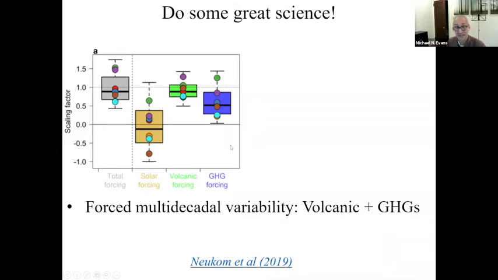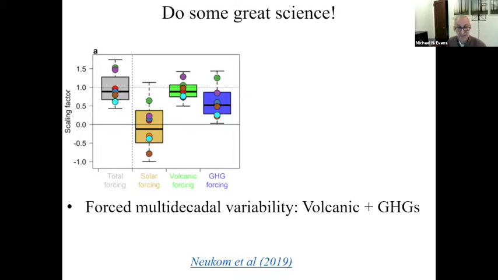And so this is essentially just a regression coefficient, which is non-dimensional. So the overall agreement around 1 means that there's agreement between the reconstructions and full forcing simulations. And what we found is that that agreement was largely because of volcanic forcing and because of greenhouse gas forcing, but not so much solar forcing.